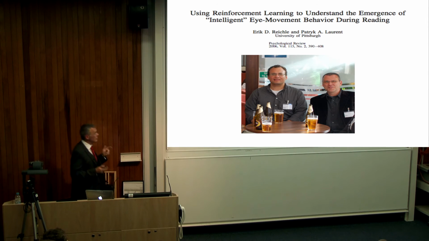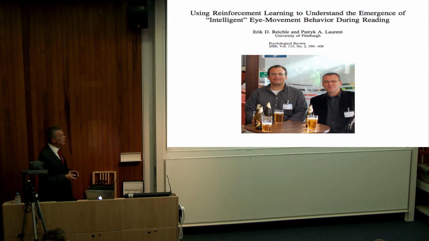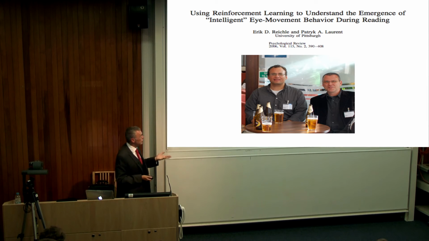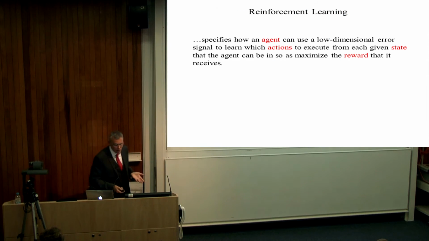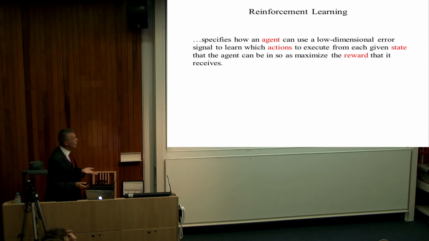And I was fortunate enough to have as my first graduate student a guy named Patrick Laurent, who had a very strong computer science background. So what we did together is we really took on this project. This is an artificial intelligence project that uses a machine learning algorithm called reinforcement learning, which is inspired by biological reinforcement learning.